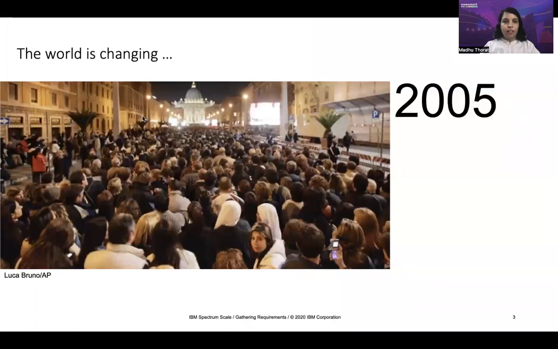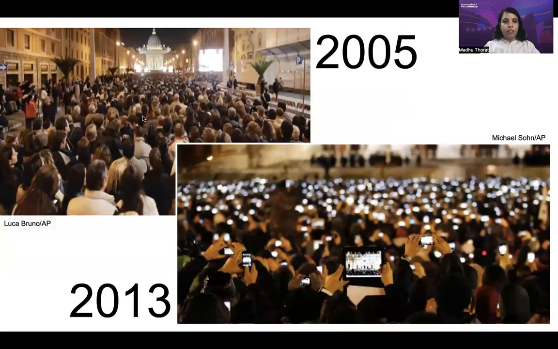The world is changing. Here is a picture taken at St. Peter's Basilica Church in Vatican City in 2005. And here is another picture taken at the exact same place in 2013.